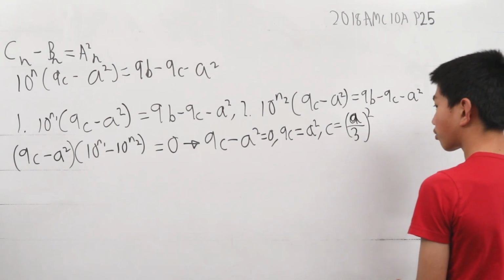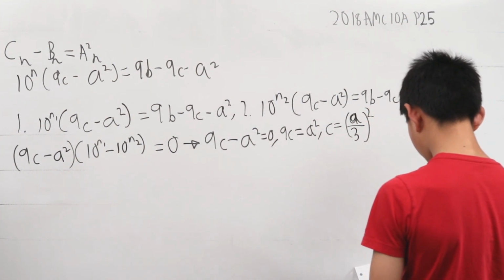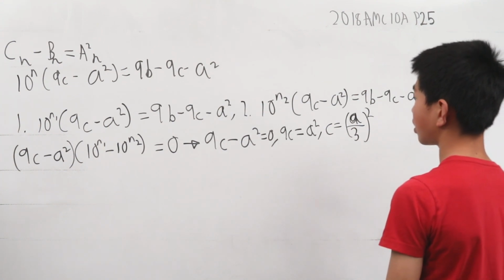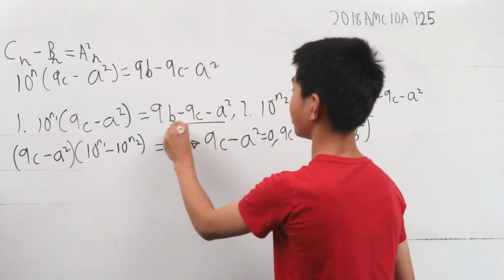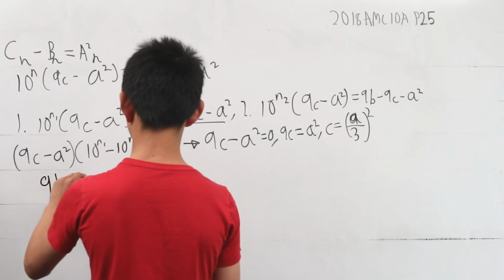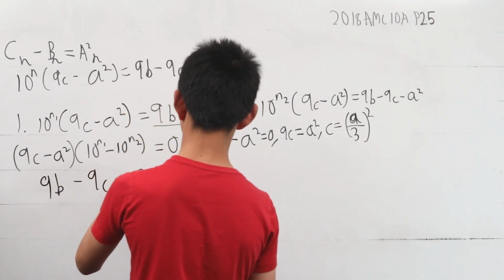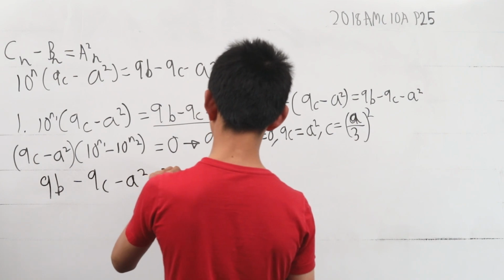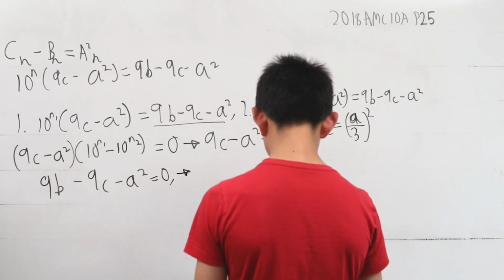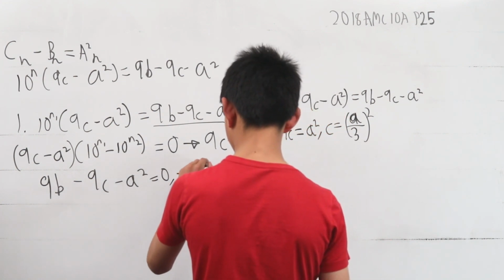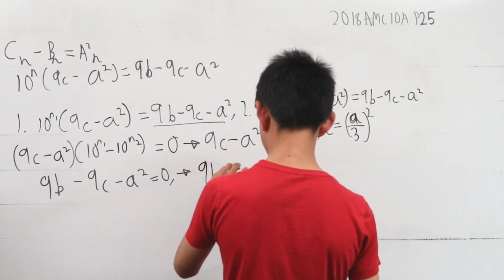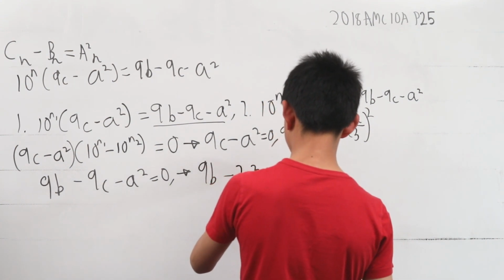Now, if we can create a criteria for all the other ones, because that's essentially what we want. The second case is where this is equal to 0. So 9b minus 9c minus a squared is 0. We can derive from that that 9b minus 2a squared is going to be equal to 0.